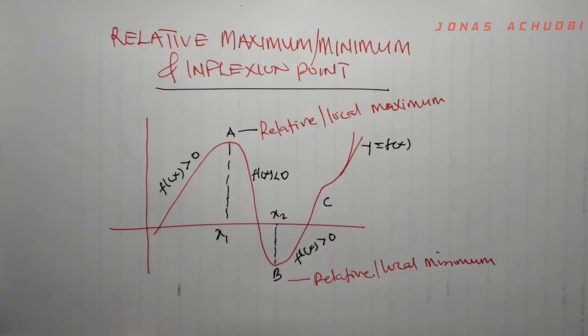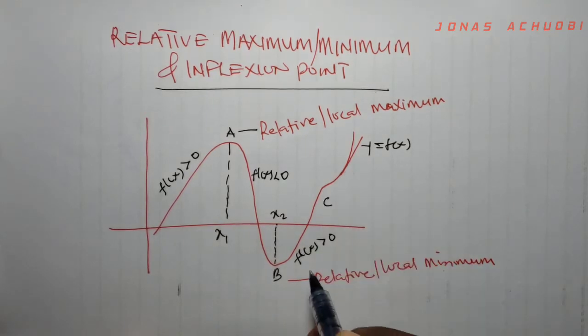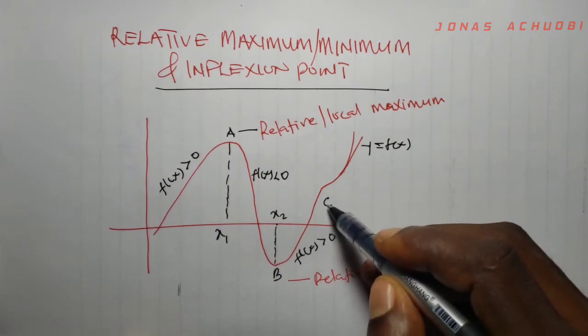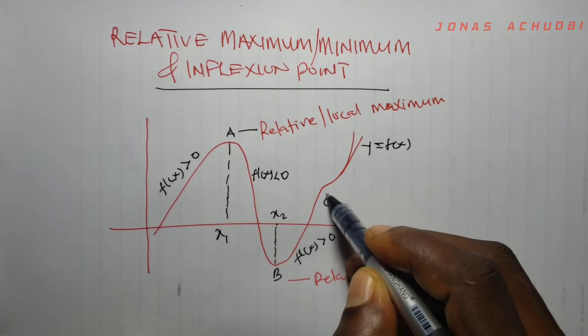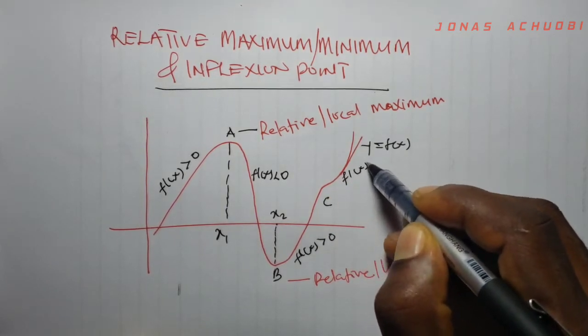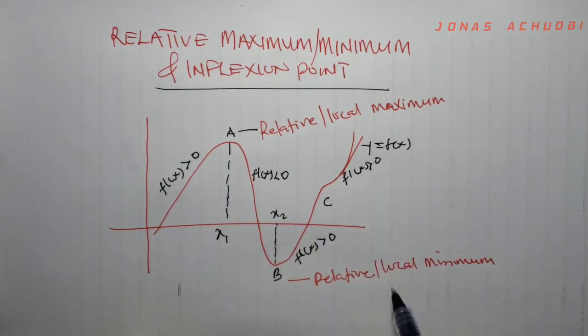Let's look at the point C. At the point C again, there is a critical point or a turning point. But what do we observe? To the left of C, the slope is positive. And to the right of C, the slope once again is positive. Because at C, the graph is not coming down.